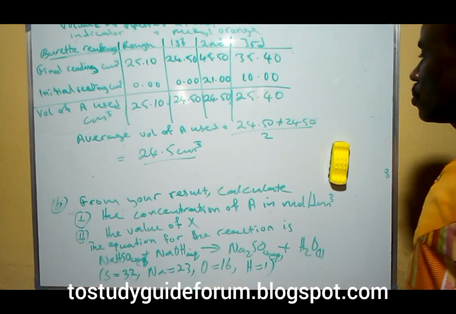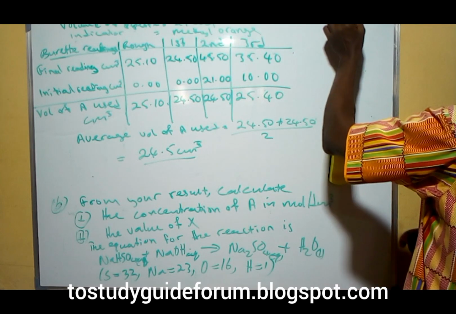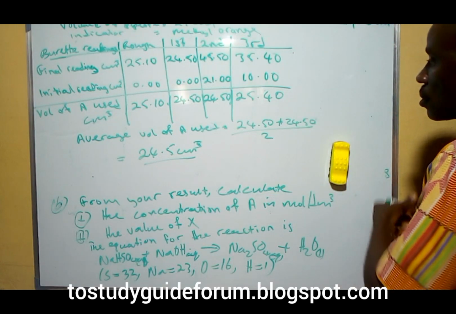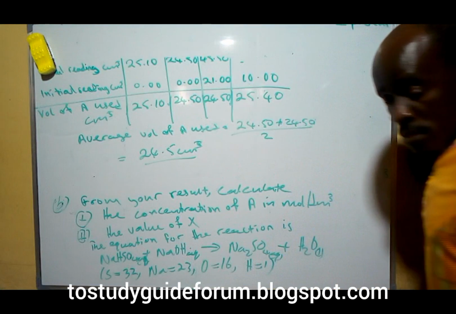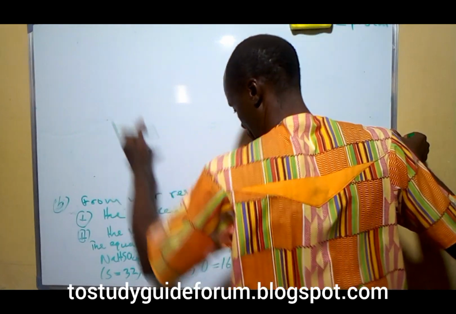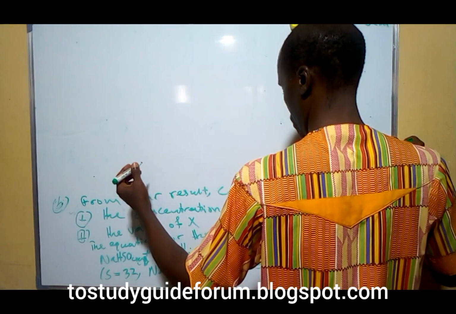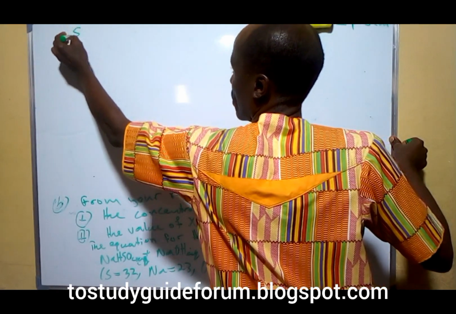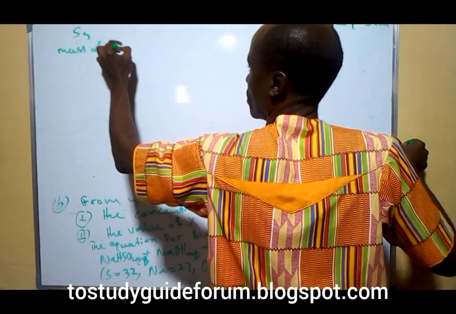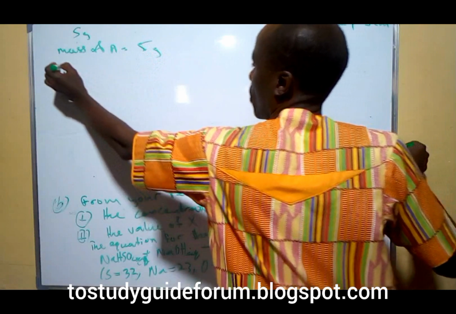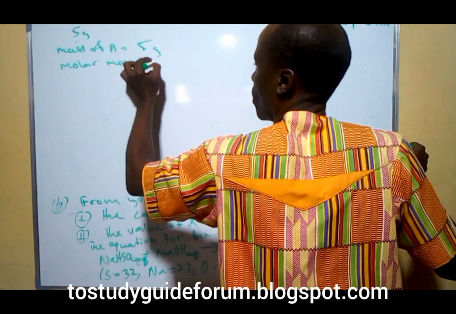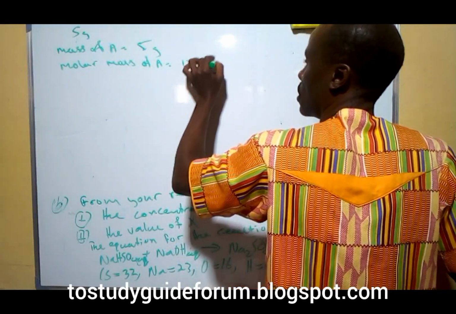Let's keep our average volume here. The mass of A is 5 grams, and the molar mass of A is 120 gram per mole.